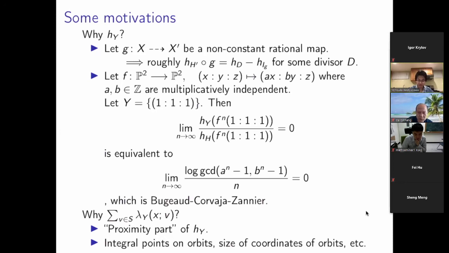So that's one motivation. But there are other motivations to consider this kind of function. As I told you in the beginning, there are some applications to integral points on orbits, or more strongly the size of coordinates of orbits, etc. So there are some arithmetic motivations to consider this kind of function.